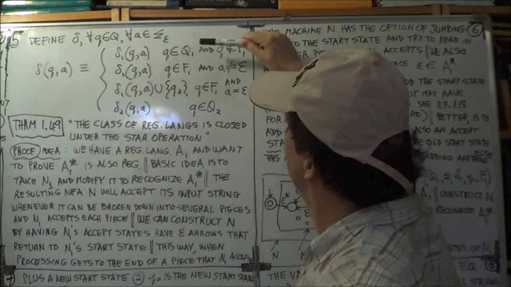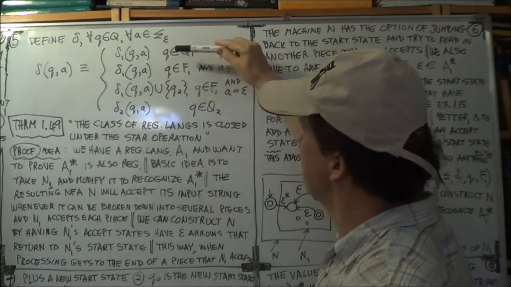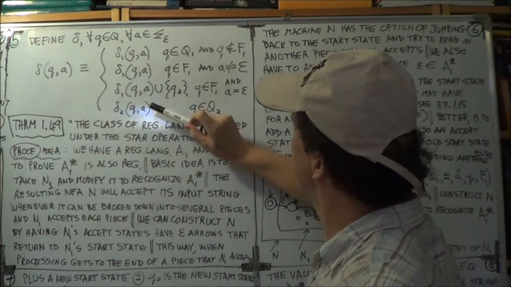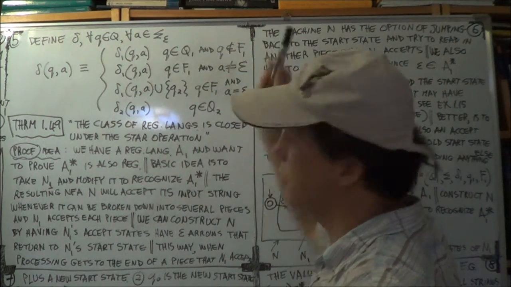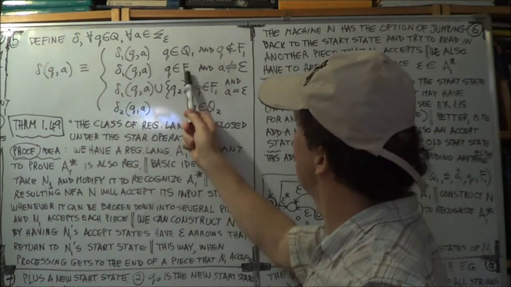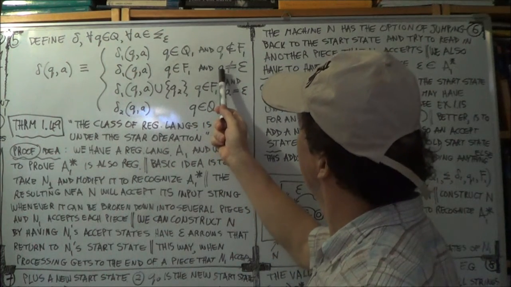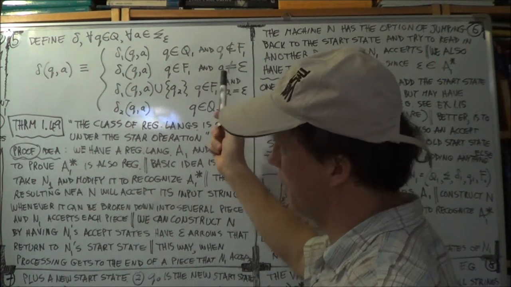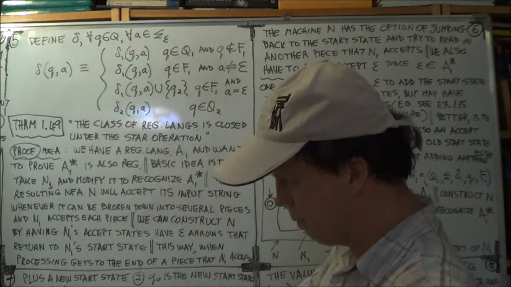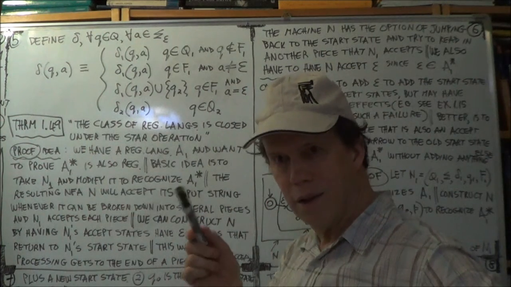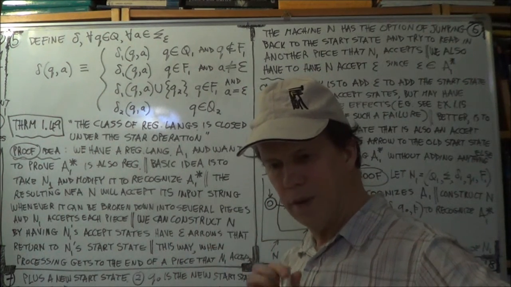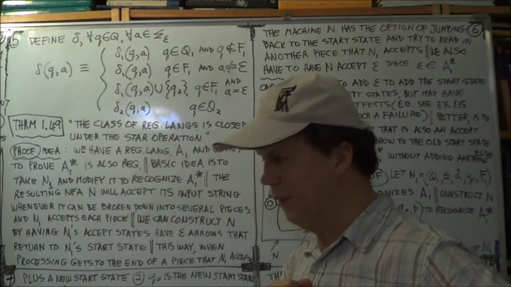Now this and this, those three make sense to me. This one puzzles me, because how can you have a label that's not eta when on the diagram you can't see it? In the previous session, the label on the arrow was eta.